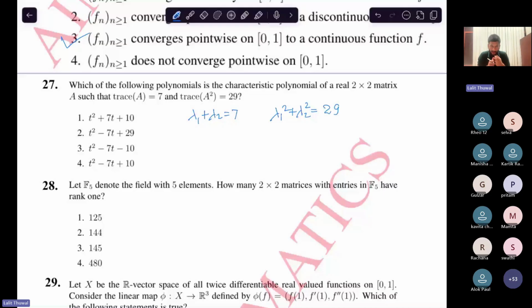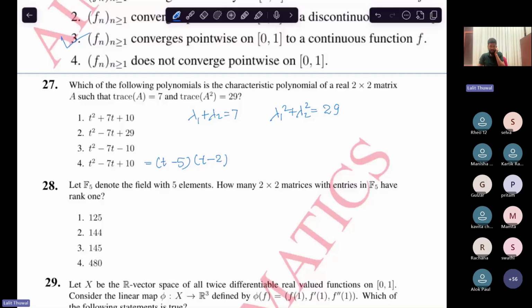Options 1, 2, 3, 4. If you see the fourth one, it can be written something like this: (t minus 5)(t minus 2). But why do I observe only the fourth one? Because I look at all the options first.